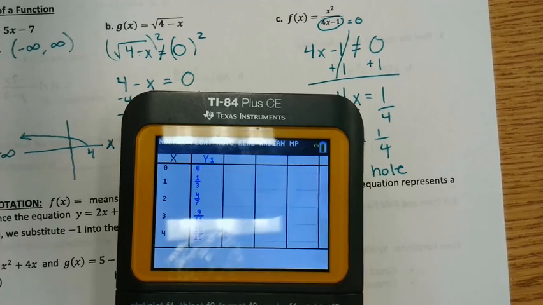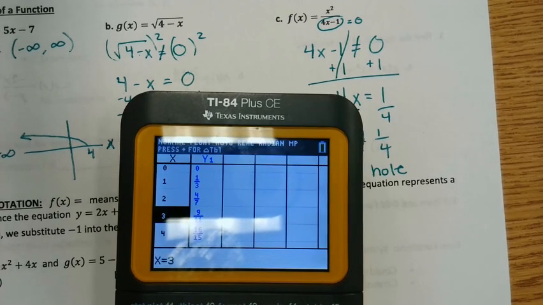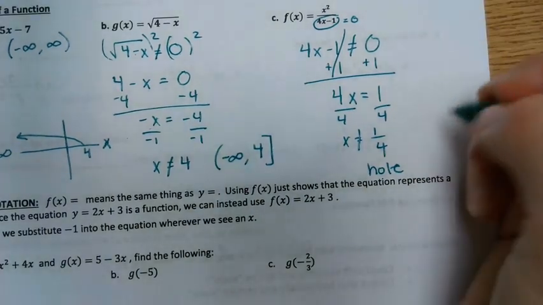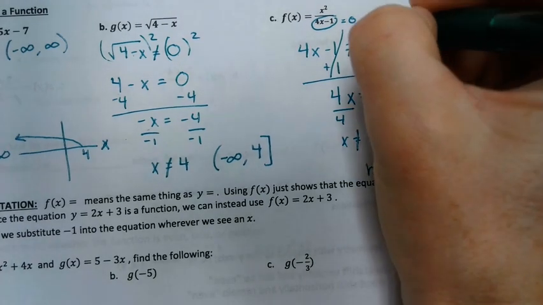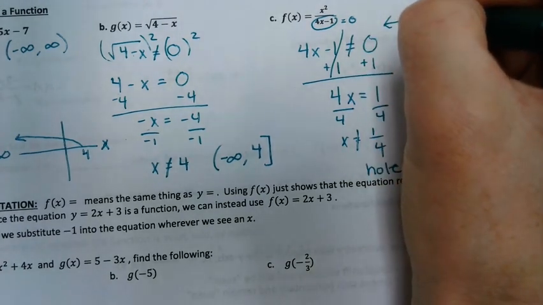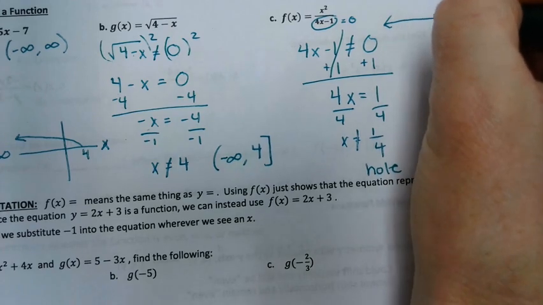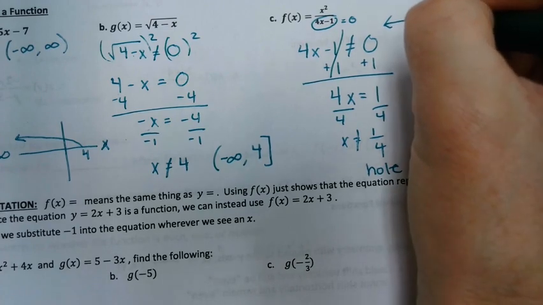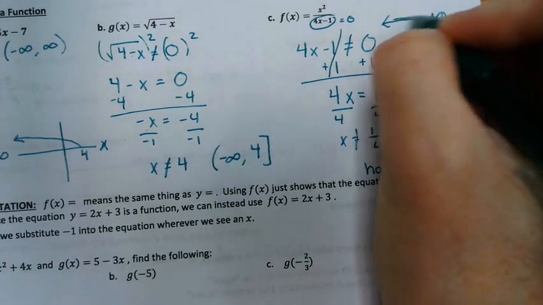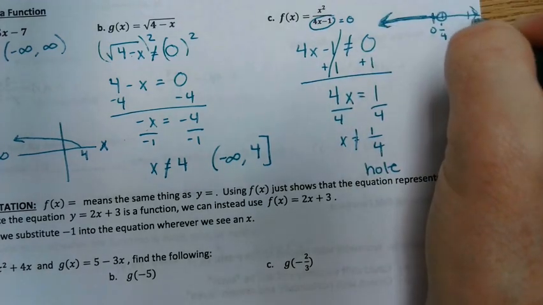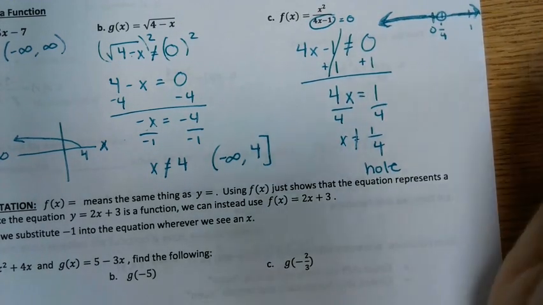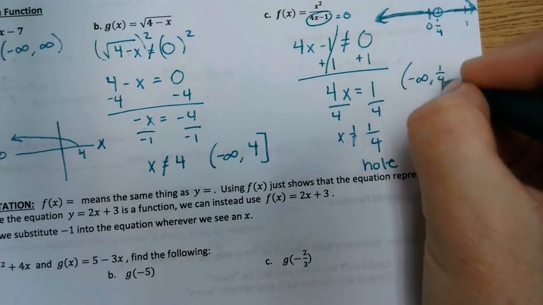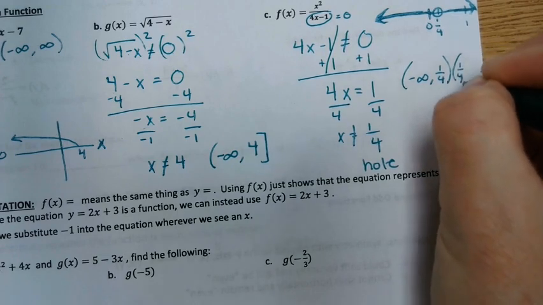And if we were to look at the table, well, we can't see it because we're talking about the x value being 1/4. So what this looks like in the graph is if we just look at the domain and say that this is like 0 and this is 1, so this would be 1/4. So we have a hole at that location at 1/4, but it's going to go in both directions, left and right, to infinity. So the way we would write that is negative infinity to 1/4, then 1/4 to positive infinity.